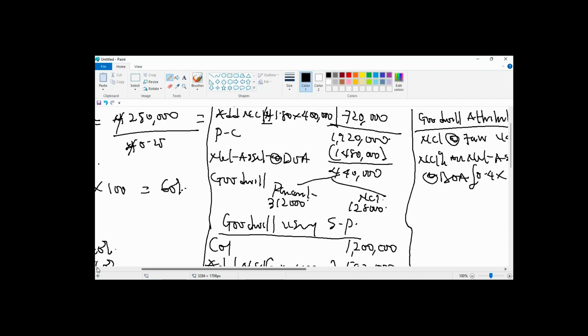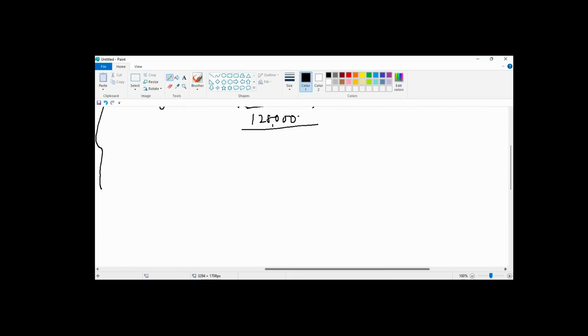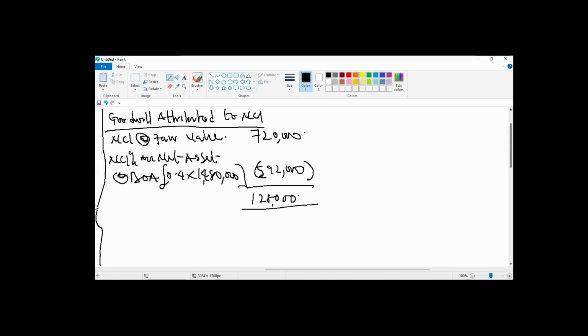The question is this: in a question, just like Aya, they give me goodwill attributed to NCI, which is 128. How can I get the total goodwill?